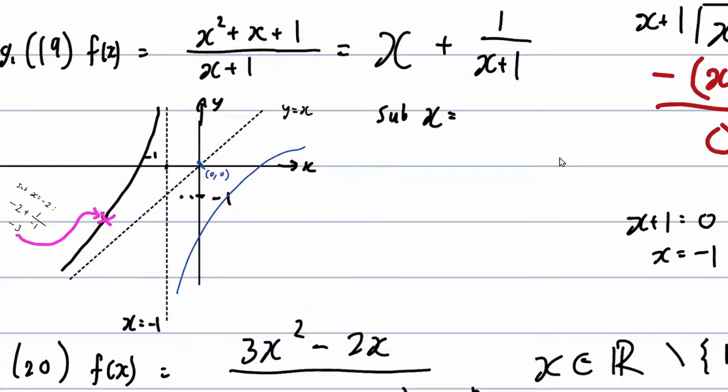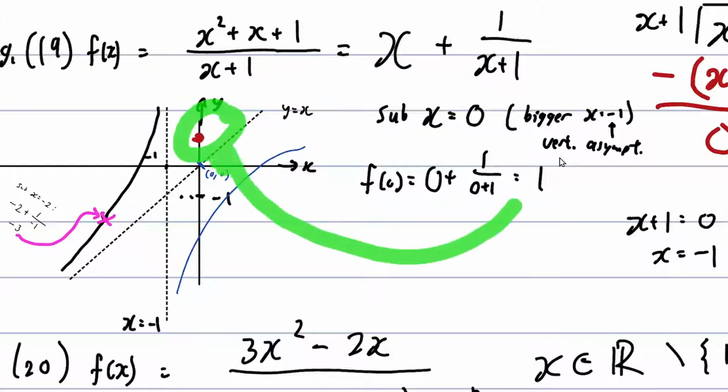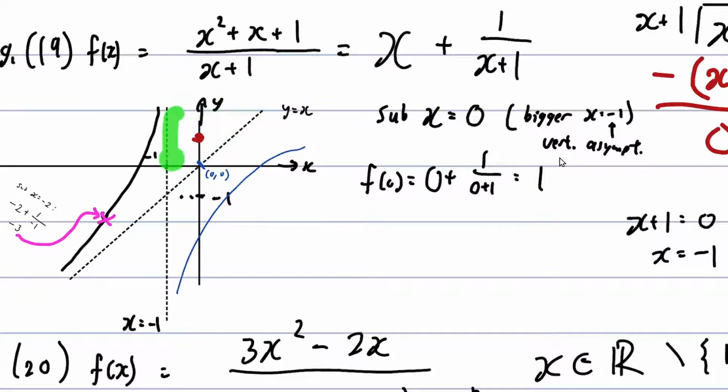So if I now sub in x equal to 0, which is bigger than the vertical asymptote x equal negative 1, you get f of 0 equals 0 plus 1 over 0 plus 1, which is really just 1. So that means you pass through 0, 1. Where is it? Over here. So your curve must be something like this.